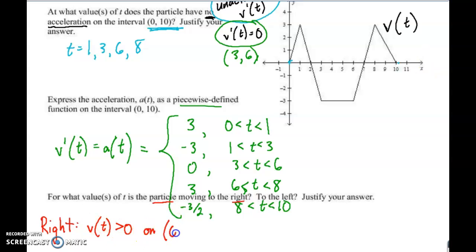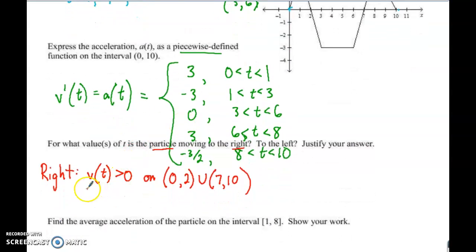I'm just going to give open intervals, by the way, 0 to 2, and also between 7 and 10. And there's my justification right there. That's the justification. And notice I'm giving the answer in correlation to what was given to me.